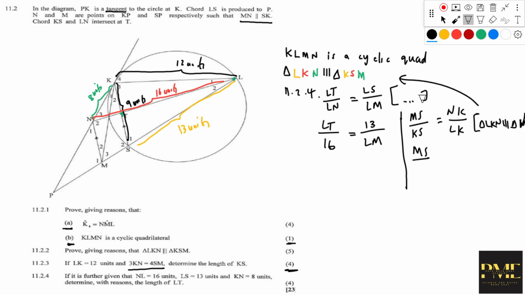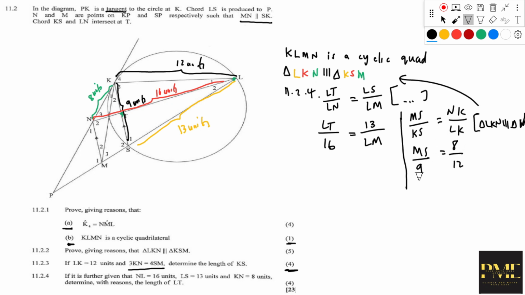So we substitute. MS over KS, our KS is 9 units, you put 9 there, this is equal to our NK, we know NK is equal to 8, so we have 8 there, all over our LK, which we know is 12 units, guys.